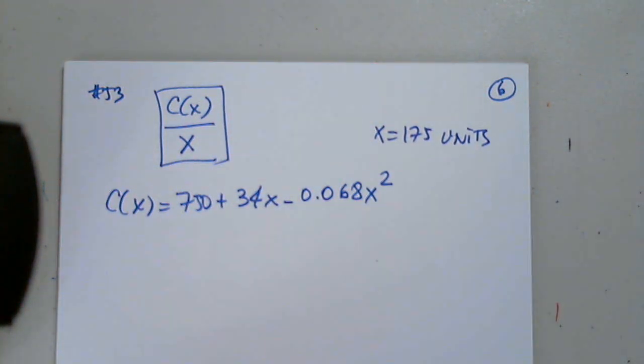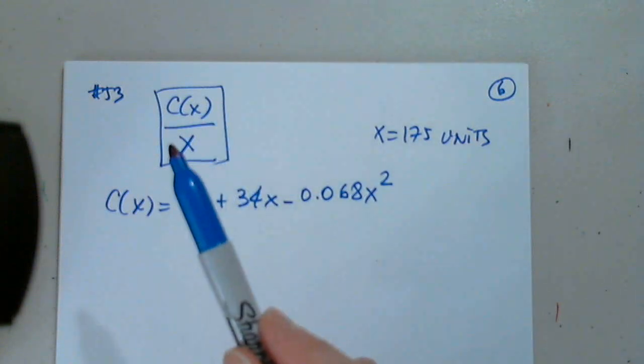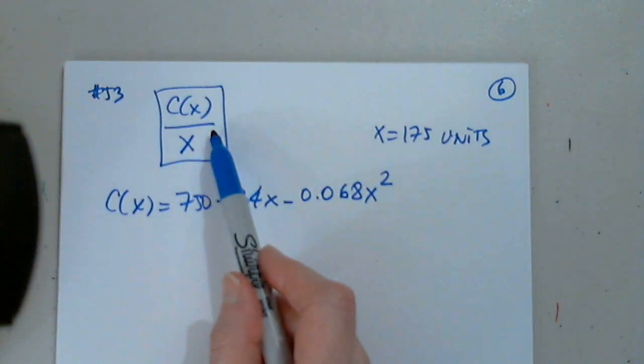So they're not asking us to find the marginal cost, which is C prime. No, they're asking us to find the rate at which the average cost is changing when such and such happens. So this is what they want us to find, the average rate of change.